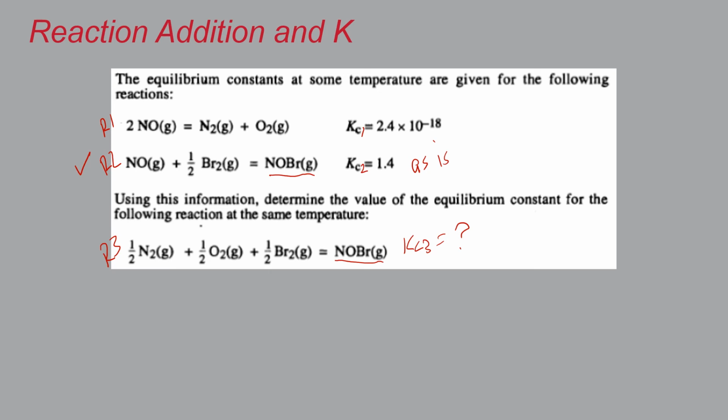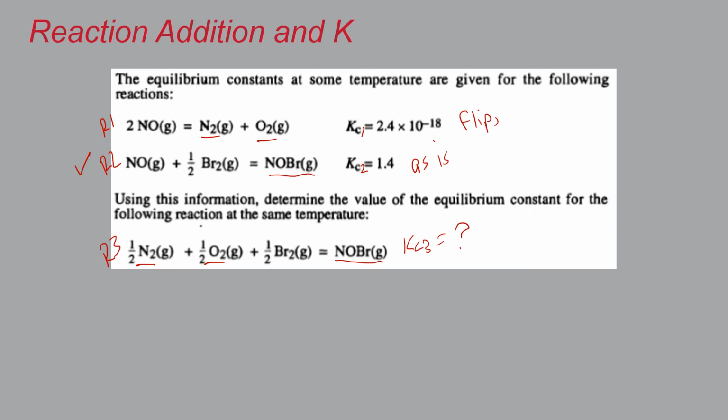Now, what else do we need? It turns out that we need N2 and O2 as reactants. N2 and O2 are only present in R1, and they are products of R1. So this means that we will need to flip R1.